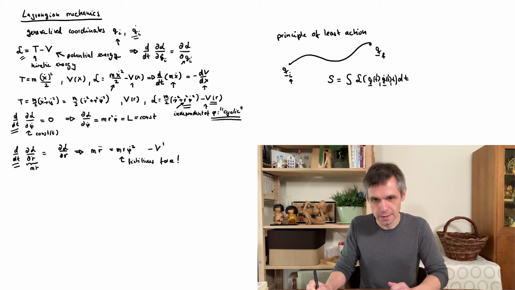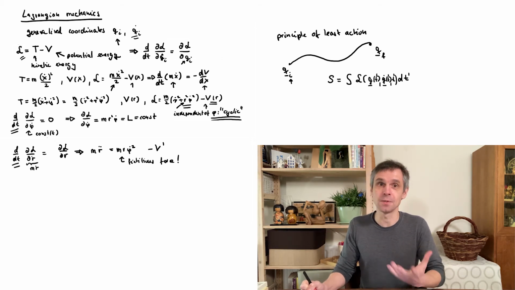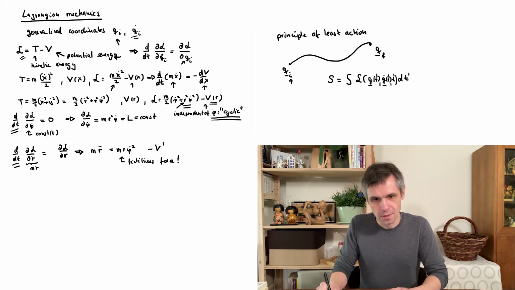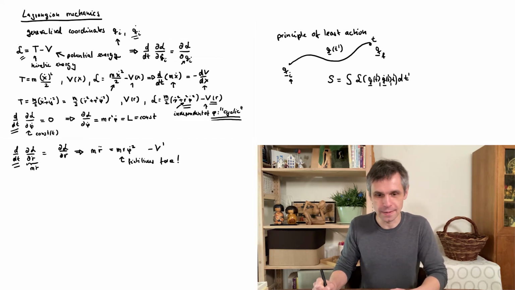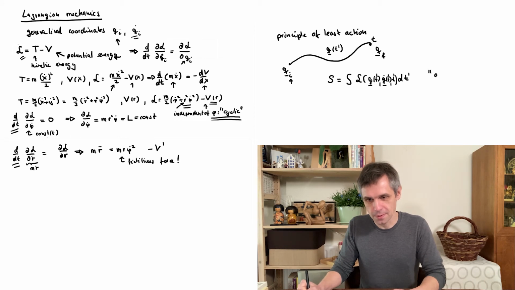And of course we are integrating over a particular time, so let's call this t prime. So there is some path q depending on this time, and at this point we end up at our final time, the time that we are really interested in. So this object is called the action.